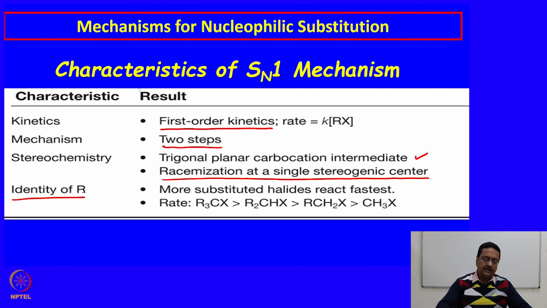The identity of R influences that the more substituted alkyl halides react the fastest. So, the 3-degree alkyl halide has a much faster reaction rate compared to a 2-degree halide, and generally 1-degree alkyl halides and methyl halides do not go through the SN1 reaction mechanism. So, we will continue from here in the next lecture.